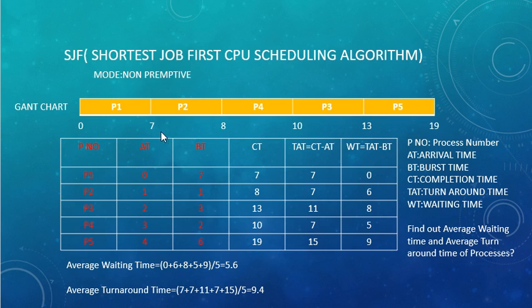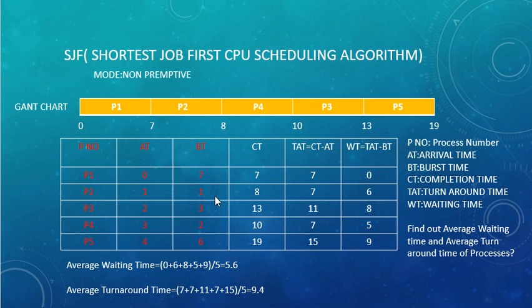P1 is completed at 7 and the burst time of P2 is 1, so 7 plus 1 is 8.